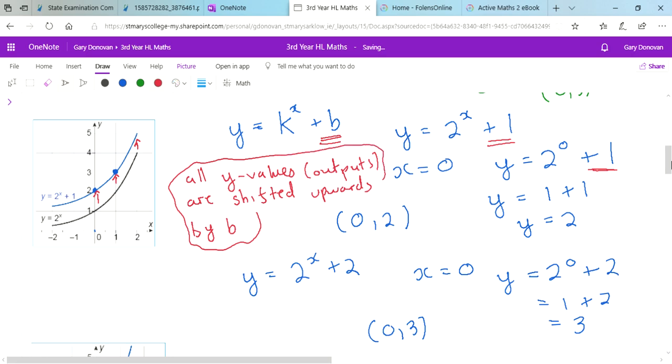So I'll explain that again once more. If we decide to have a plus 1, when you look at your graph, every single value gets moved up 1.